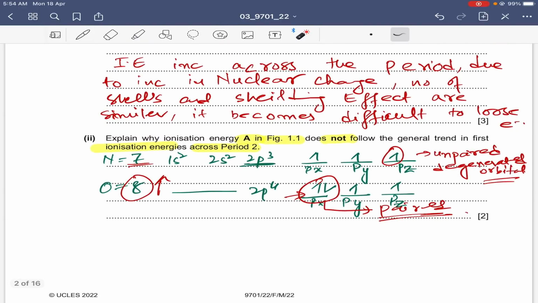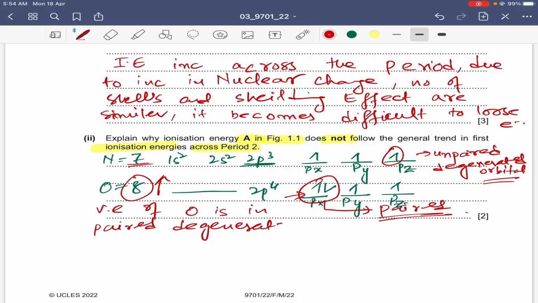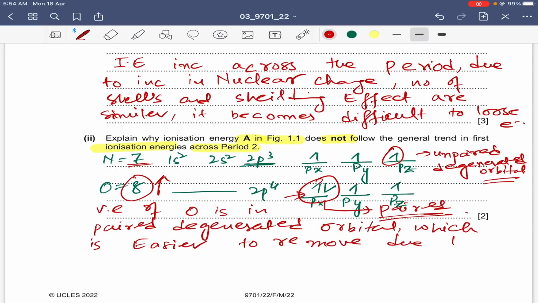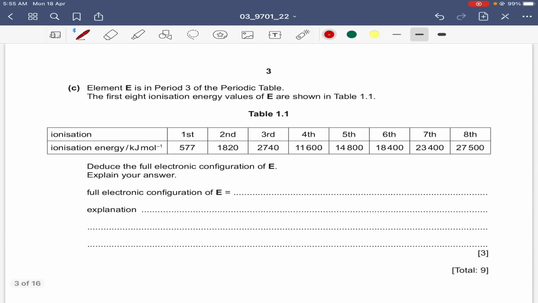So we can say that the valence electron of oxygen is in paired degenerated orbital, which is easier to remove due to electronic repulsion. All right, so this would be the answer for the question.